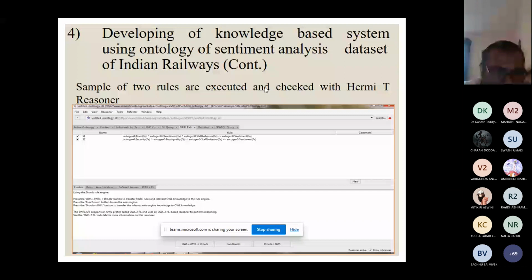Suppose there is a train, cleanliness, staff behavior, sentiment. I have combined these: security, food quality, staff behavior, and the sentiment. These are the rules I have created, S1 and S2. These are present in the SWRL tab. SWRL is nothing but Semantic Web Rule Language.